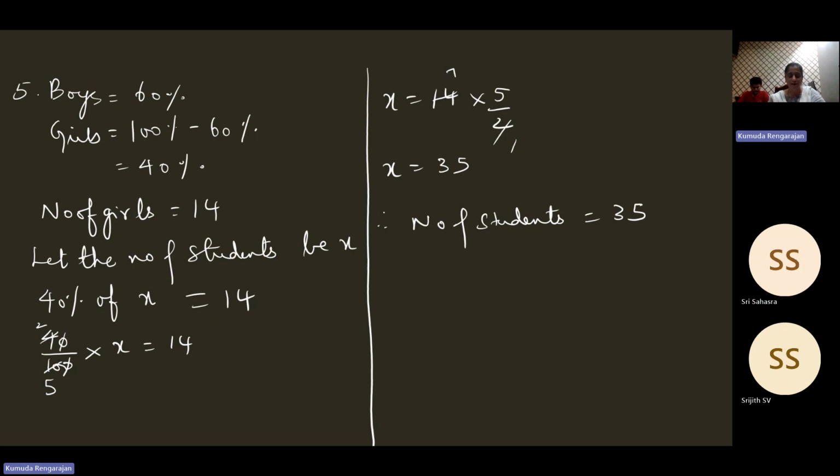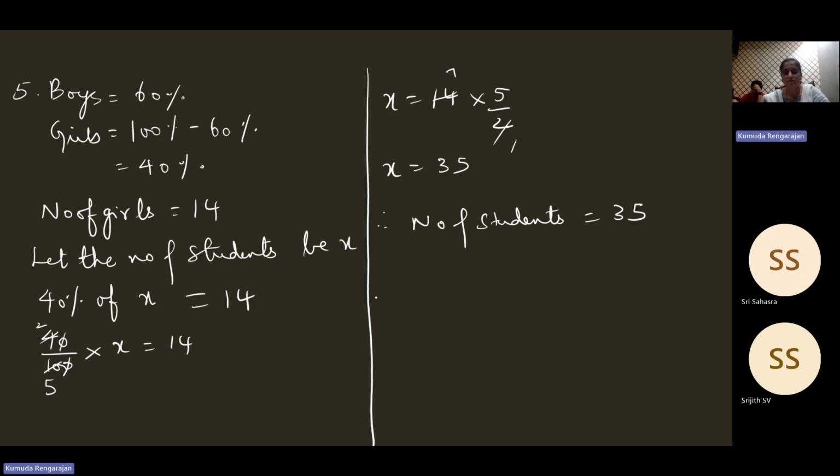So we have to compare, and see which is largest among 8 1 by 3%, 4 by 25, and 0.15. Those three are in different forms, and you can only compare quantities with the same unit.